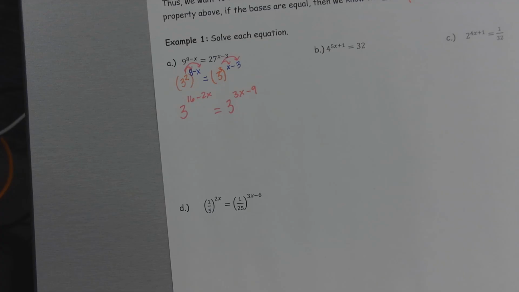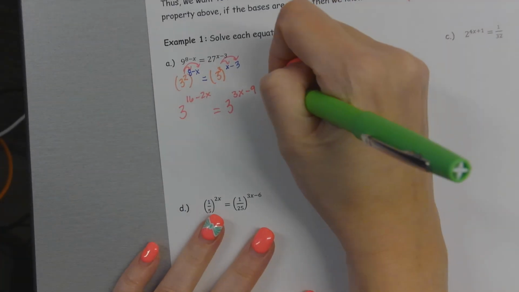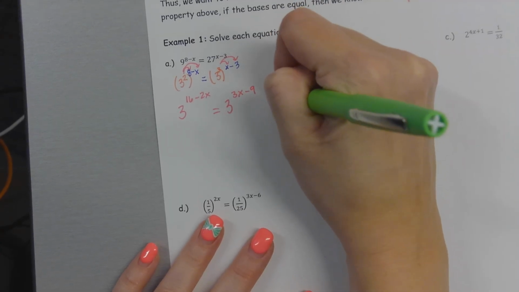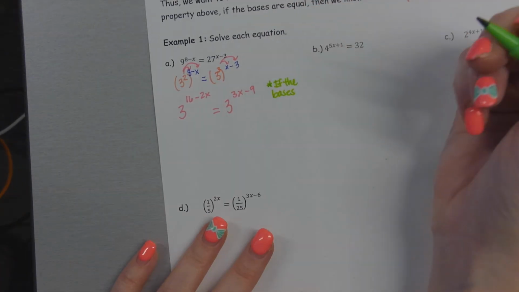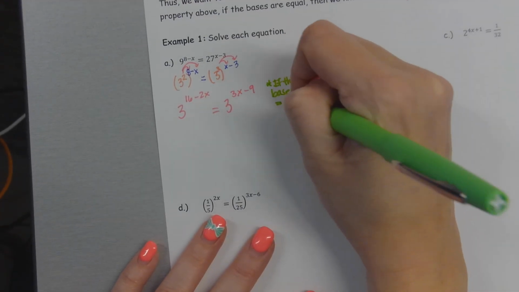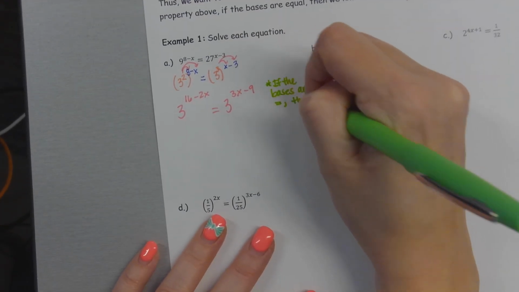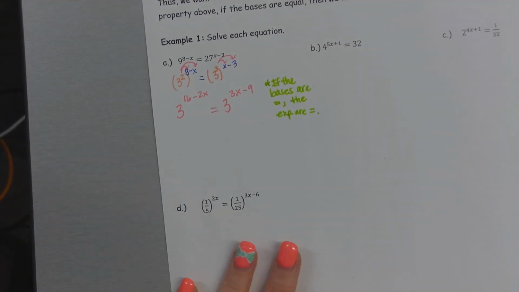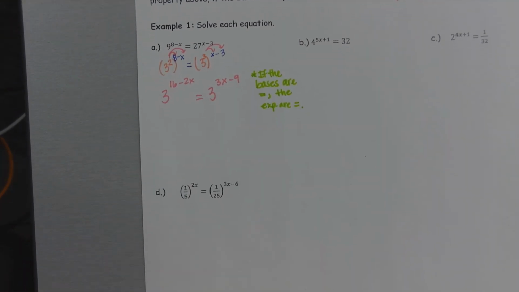And now we can use the rule that we just talked about above. We're only going to write this down for the first one, and then we'll just apply it. If the bases are equal, the exponents are equal.